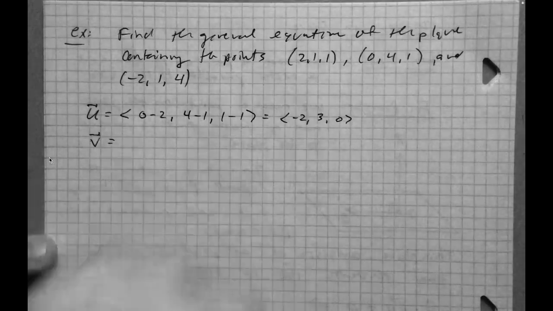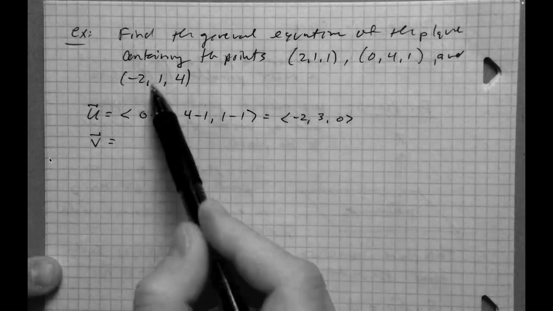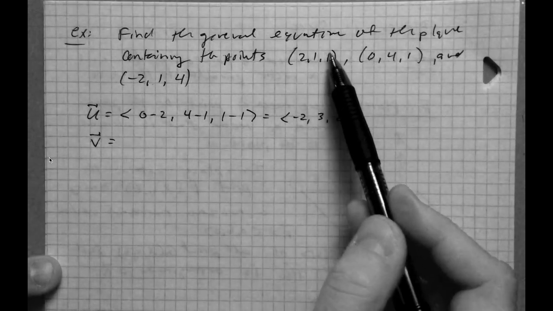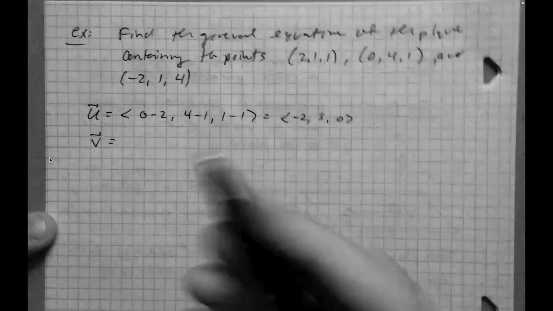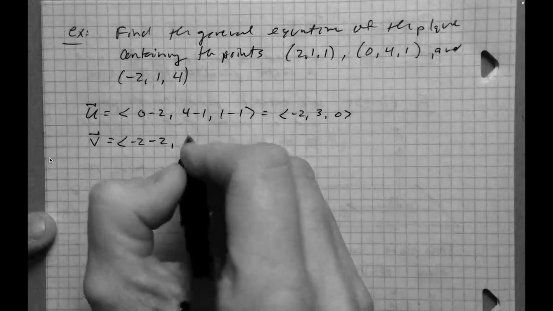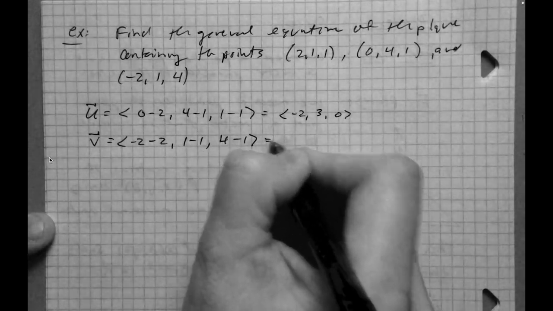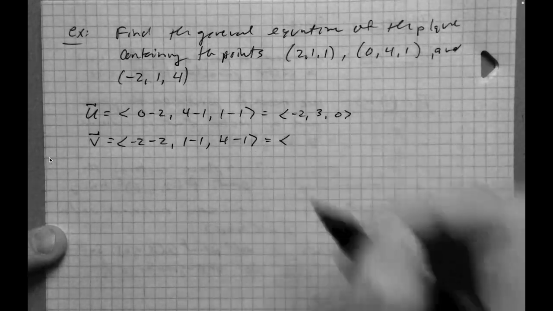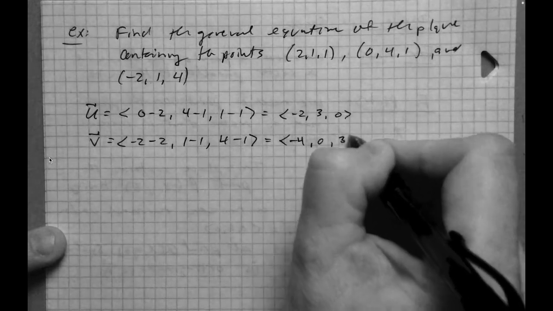What about v? For v, we'll subtract the first point from this last point. So we get -2 minus 2, 1 minus 1, and 4 minus 1, and so we have the vector -4, 0, 3.